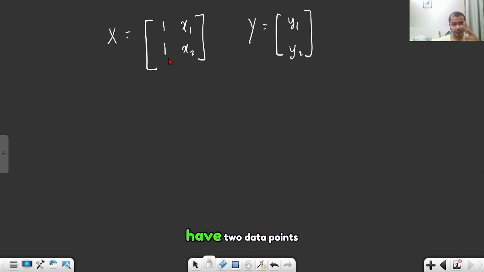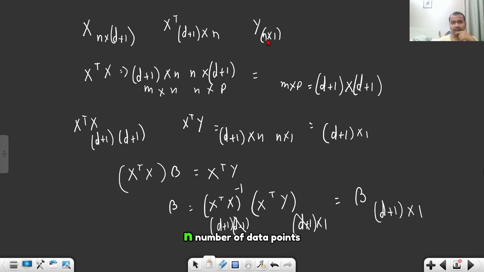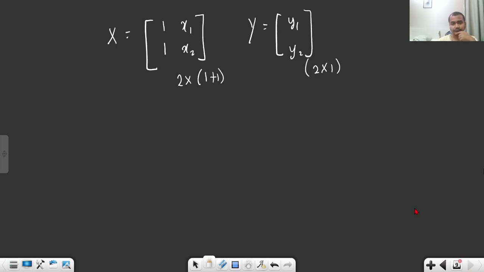As you can see, we have two data points, 2 into only one feature which will predict the value of y. So 1 plus 1. And the same goes for y. We have two data points into 1. As you can see here, n data points into 1. And now what will be the final order of beta? It's going to be d plus 1 into 1, which is nothing but 1 plus 1, which is 2.